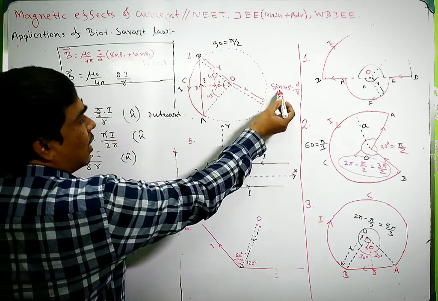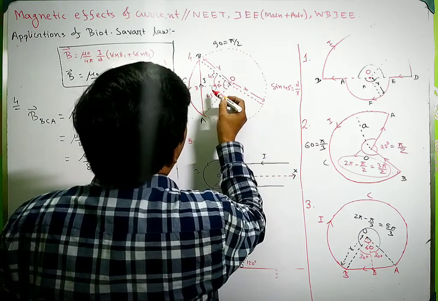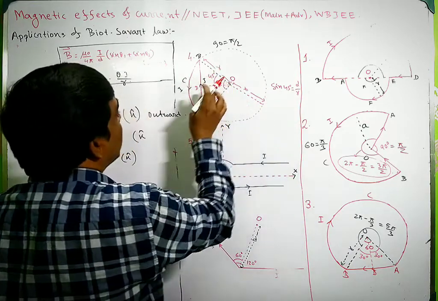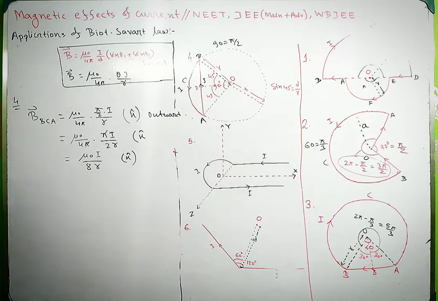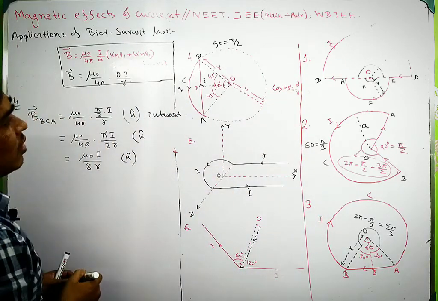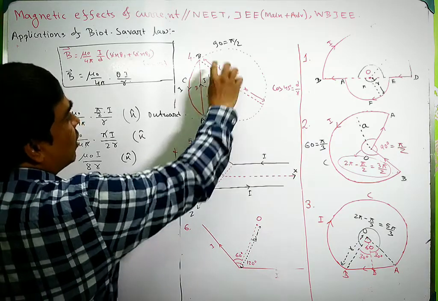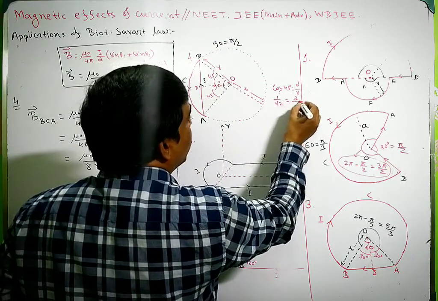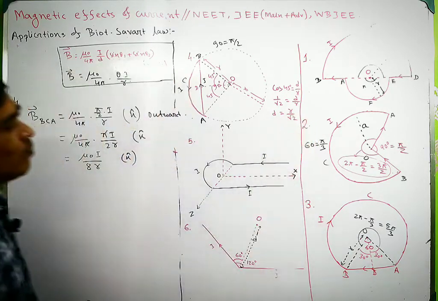Since this is a distance, you can use cos 45 degree, given by this divided by this, so it is 1 by root 2 equals D by R. So in this case, D equals R by root 2.